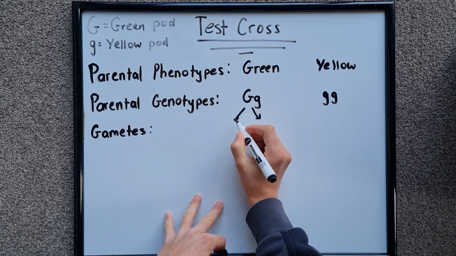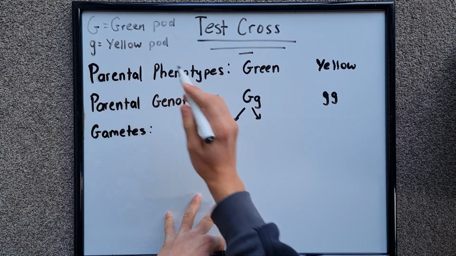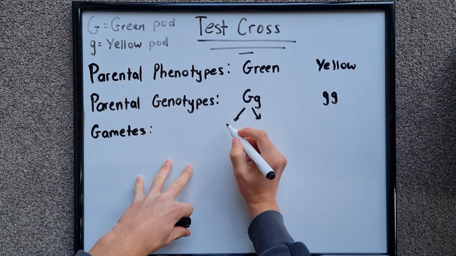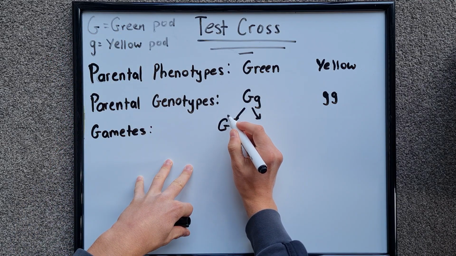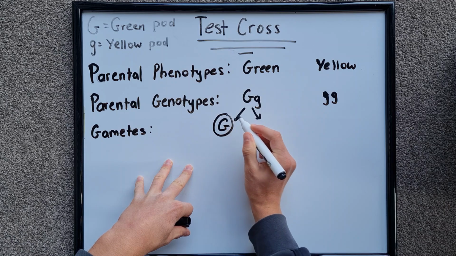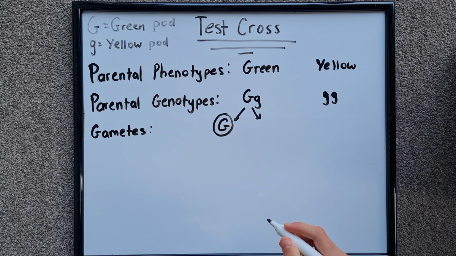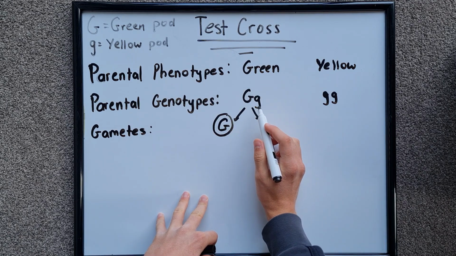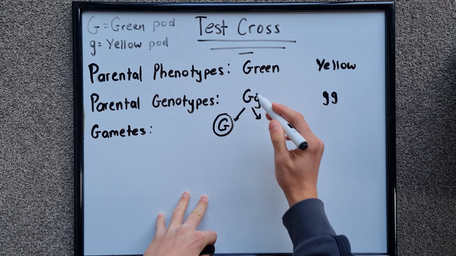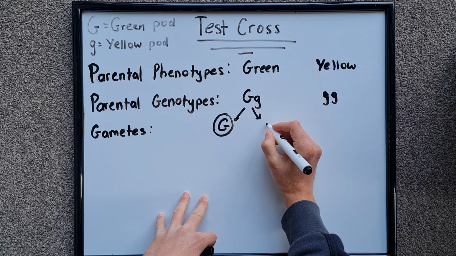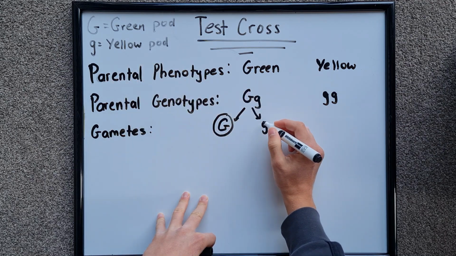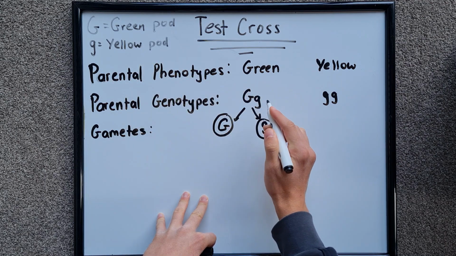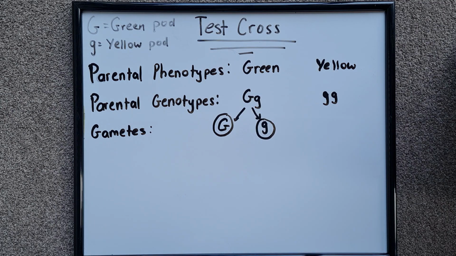The first one will be passing on the dominant allele, so G, and we show that these are gametes by encircling the allele. The next allele that this green pea could pass on is going to be that recessive allele, right? Because they also have that recessive allele.